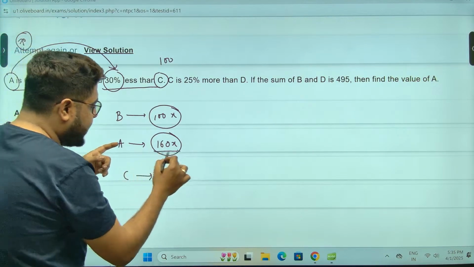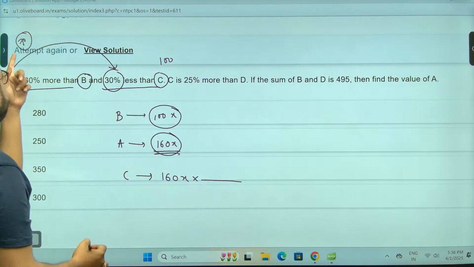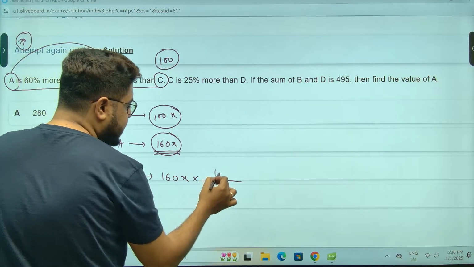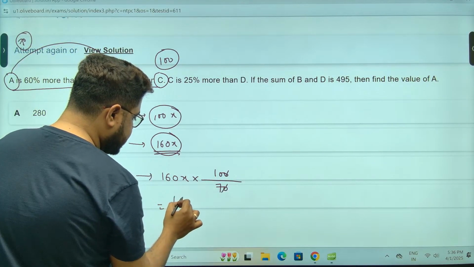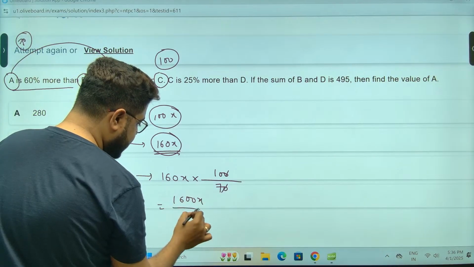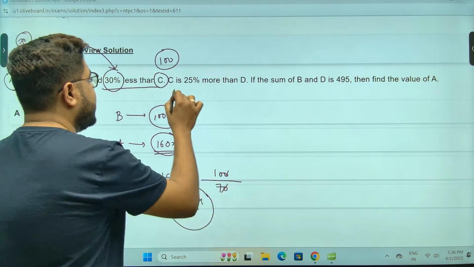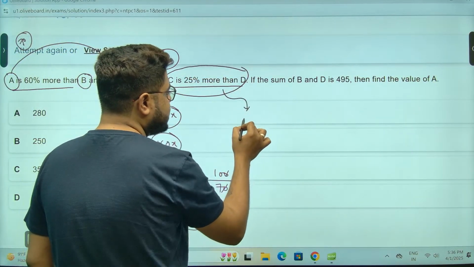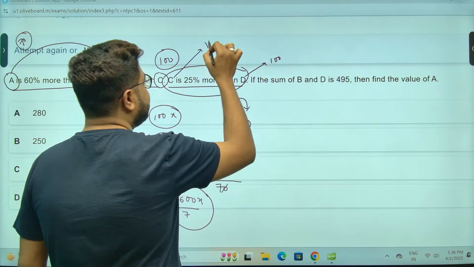So A, I know, is 160x. That represents the upper, and that represents 70, below. What they are asking, I need C, that is 100, that is upper. So that will be 1600x by 7. Keep it like this. C is 25% more than D. So D will be how much? If D is 100, C is 125.